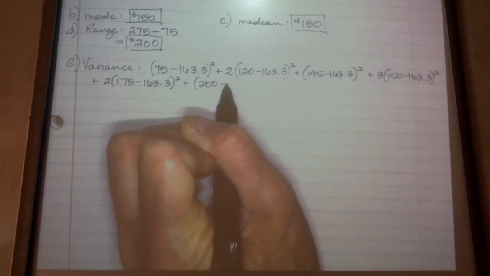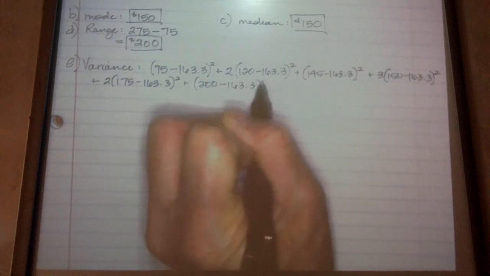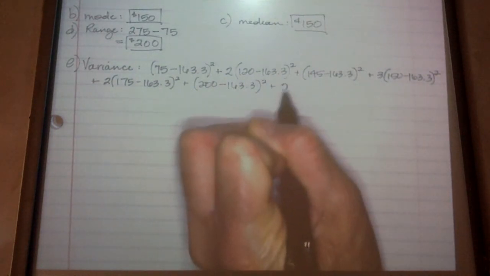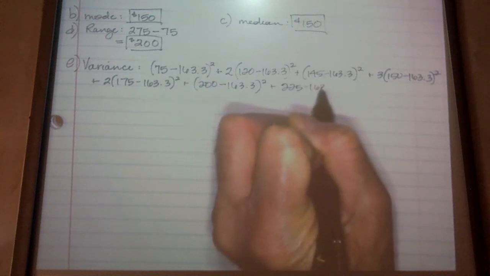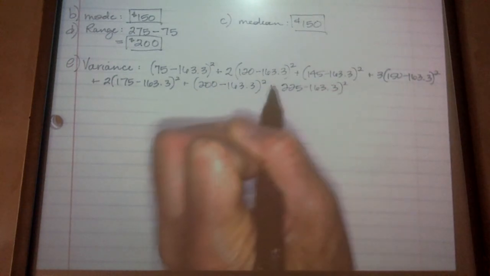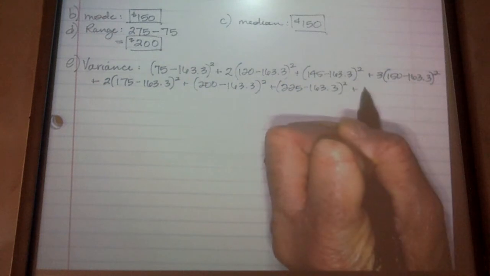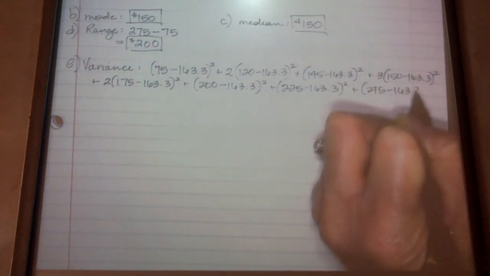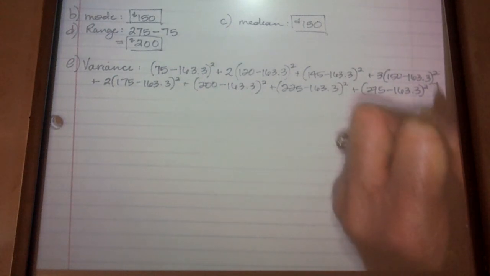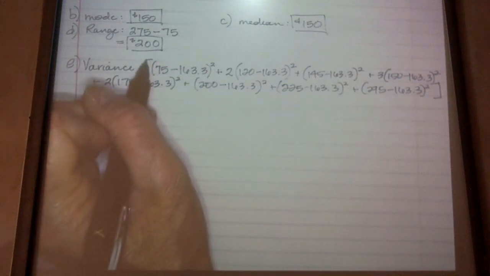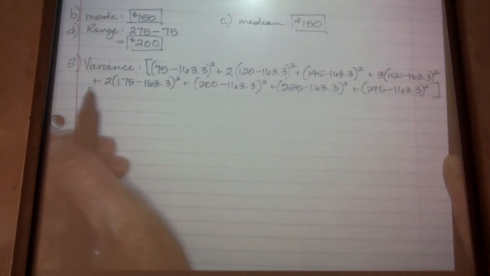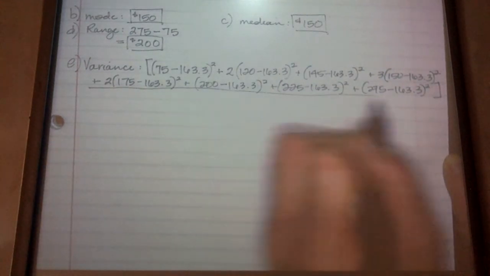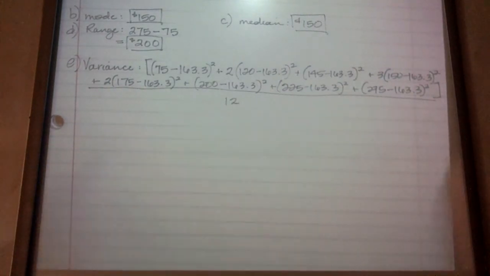So 200 minus 163.3 squared, we're almost done listing these. 225 minus 163.3 squared, and last 275 minus 163.3 squared. Now I'm going to put all of this in brackets because all of this is on the top. Once I find what that sum is, I'm going to divide by 12.